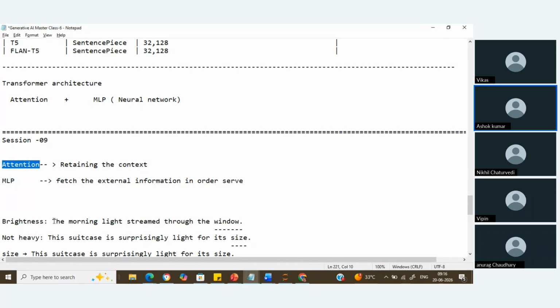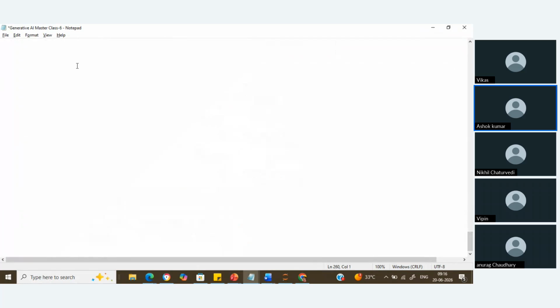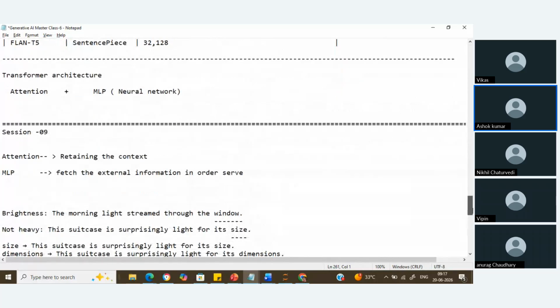And once you need to predict something, if it is not available at that moment, it will fetch it from its knowledge base. It can utilize any other source, and then it will be able to serve. So two aspects are there: retaining the context, and then fetching the external information in order to serve.